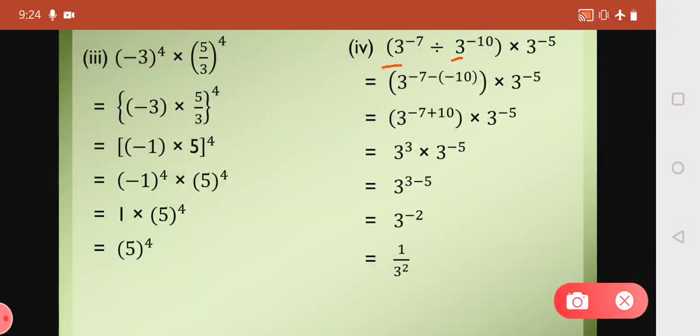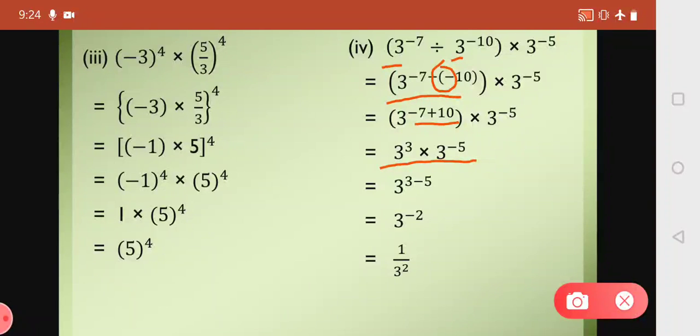So we write 3^(-7 - (-10)) and multiply by 3^-5 as it is. Now we have to subtract the powers, so when minus will become plus. Here you can see these two minus signs, that will become plus. So we get 3^(-7+10) into 3^-5. That is 10 minus 7 we will get 3, that is 3^3 into 3^-5.